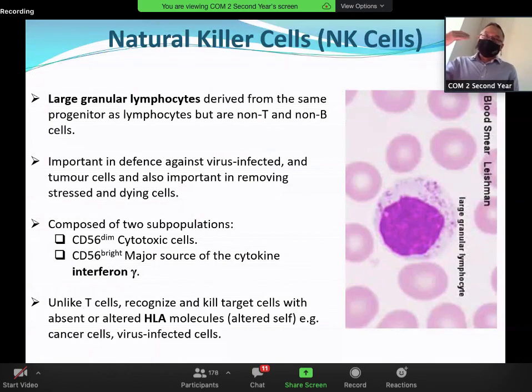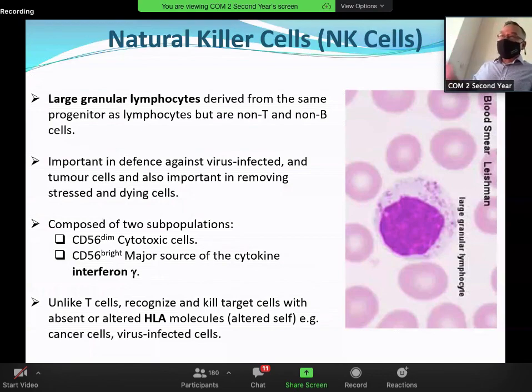The expression of this HLA or MHC determines whether we can accept or reject a transplanted kidney or a liver from other donors. The closer your HLA match is, the more chance you have of accepting that foreign tissue in your body.